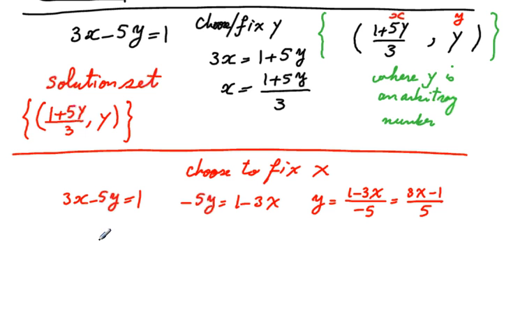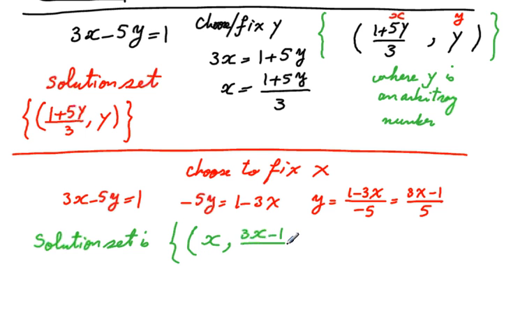Then you can say your solution set is the set of all pairs where the first one you chose arbitrarily and the second one is coming out of this formula.